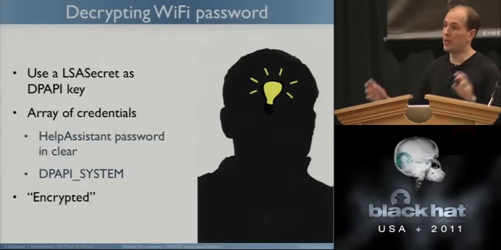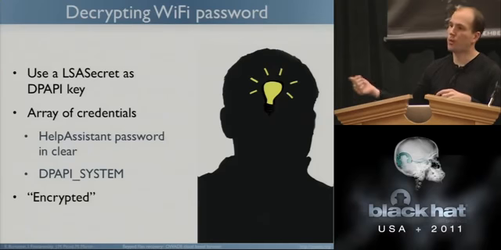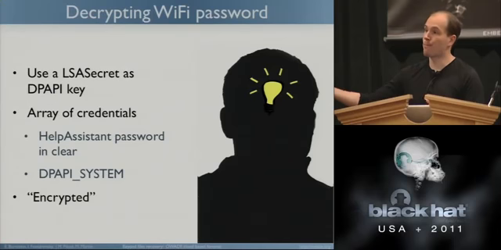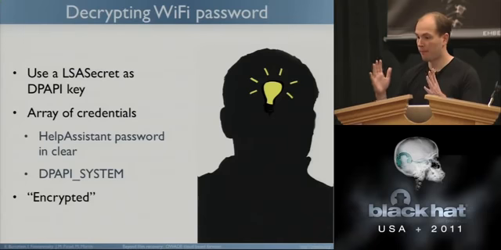If you remember, the syskey is the thing which encrypts the SAM, which should be on a USB key, if someone ever actually does that. And it's basically an array of credentials. Inside this, you have, for instance, the HelpAssistant account password. It's there if you want to recover it. And you also have the DPAPI system secret, which is actually the key that we are looking for to decrypt the Wi-Fi key.